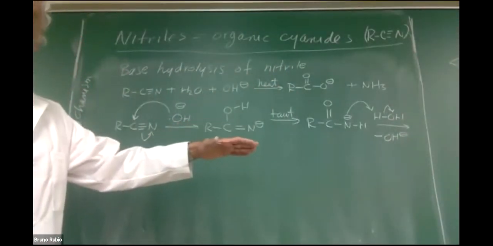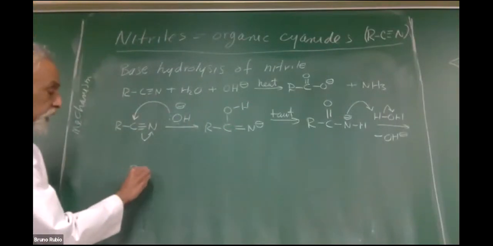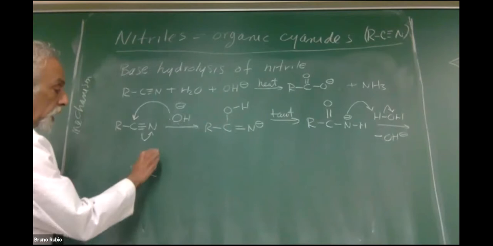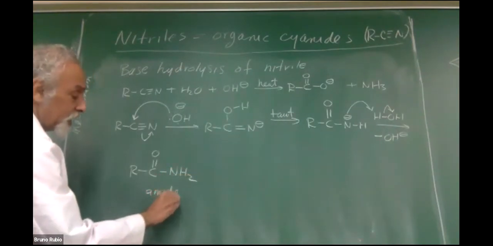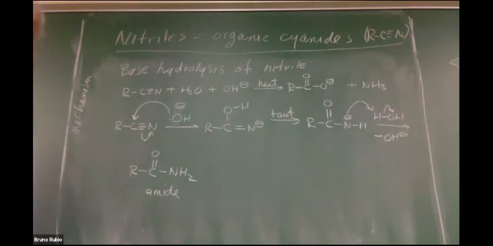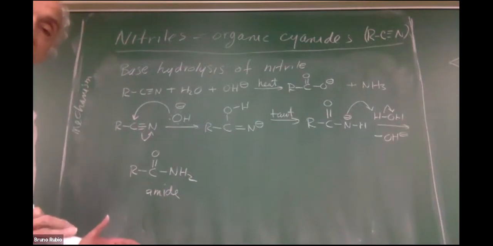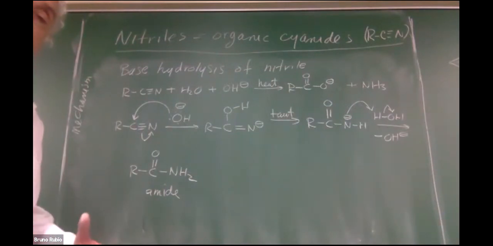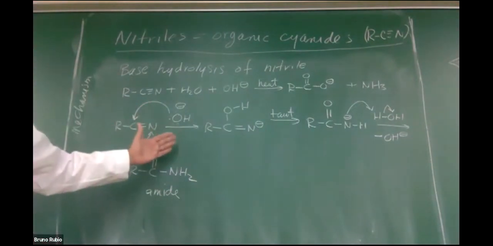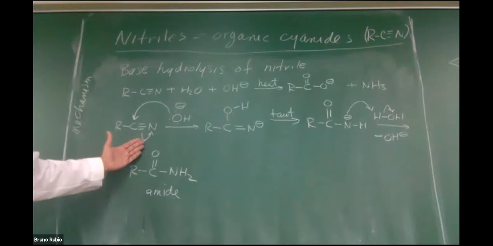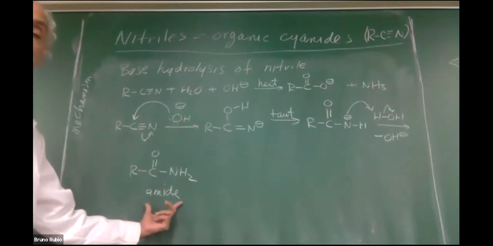It protonates that negative charge on the nitrogen. And what we've created is an amide. So this is very comparable to what we did before in the acid hydrolysis of the nitrile. Whether it's the reaction of the nitrile with water and acid, or the reaction of the nitrile with hydroxide and water, they all lead to an amide.